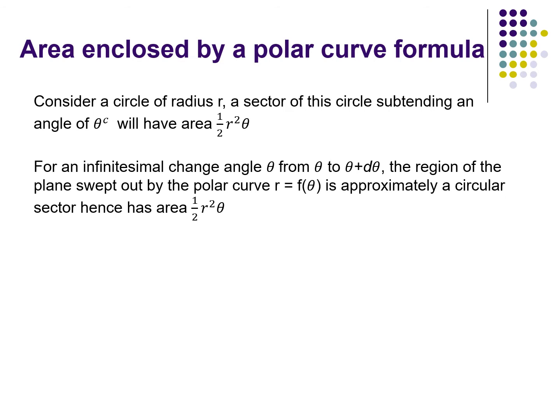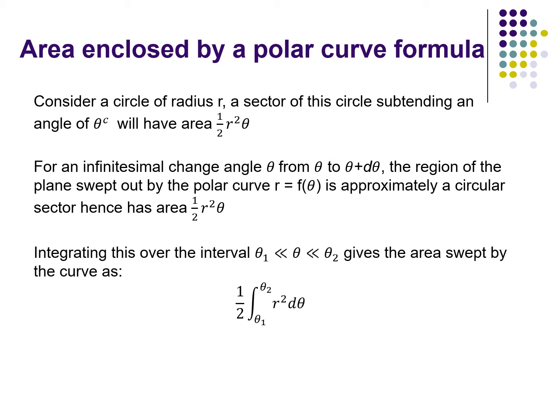Now, if I think about a polar curve, I appreciate not all polar curves are circles, but if we look at a change in angle from theta to theta plus delta theta, so a very small sector, then we can say that the area of that sector is approximately, with a curve around the edge that looks like a circle, half r squared delta theta.